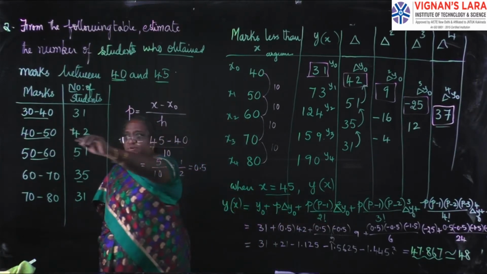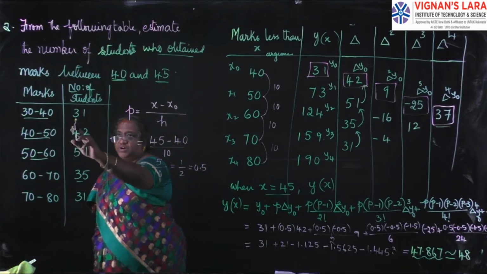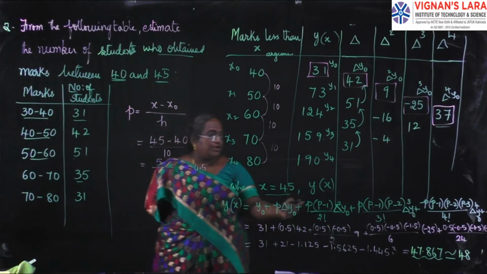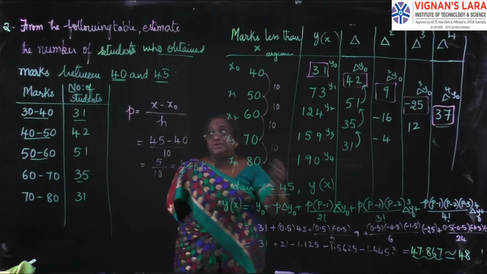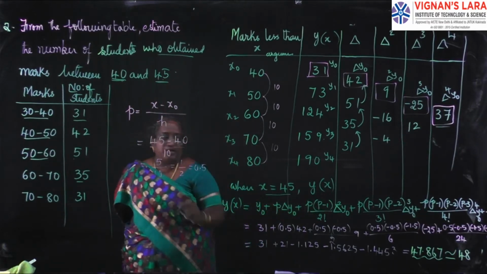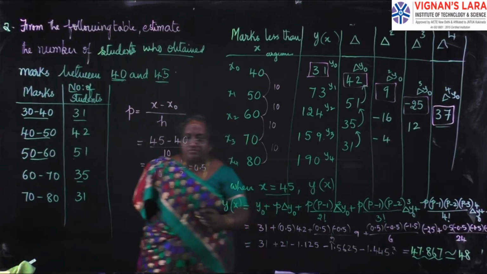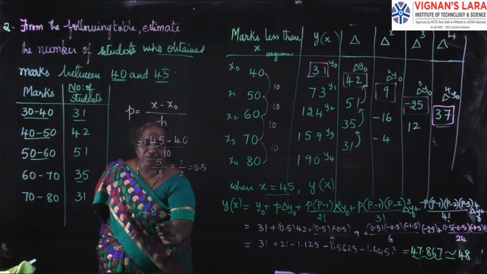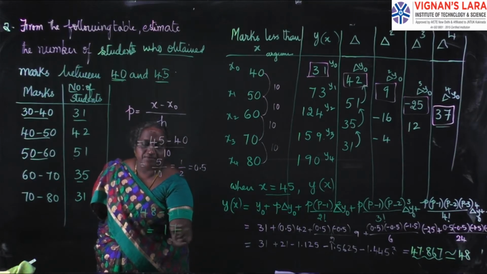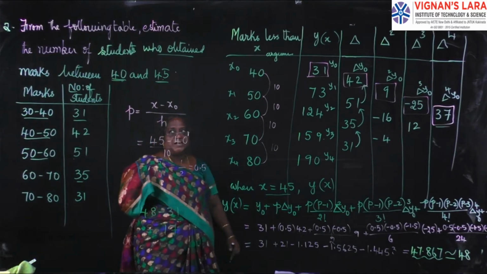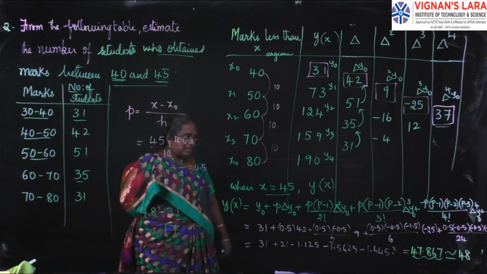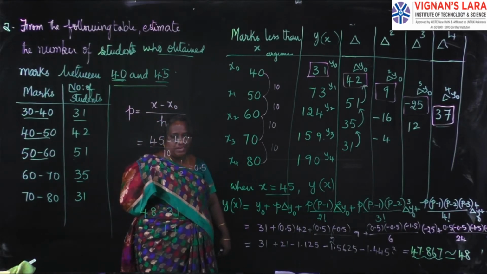Already, between 30 and 40 there are 31 students. So if we want the number of students who get marks between 40 and 45, we have to subtract 31 from 48. How much is this? It is 17. So 17 students are getting marks between 40 and 45.